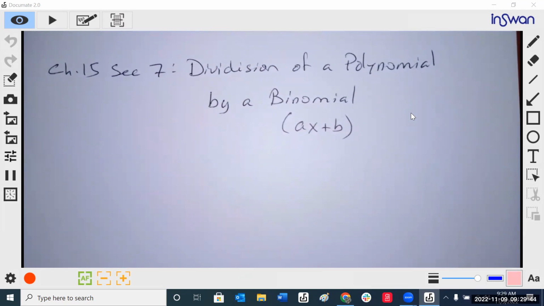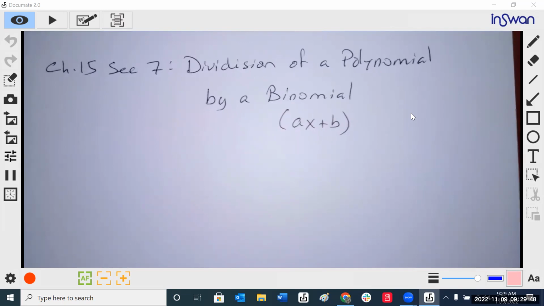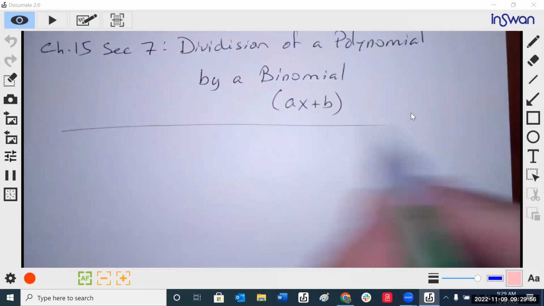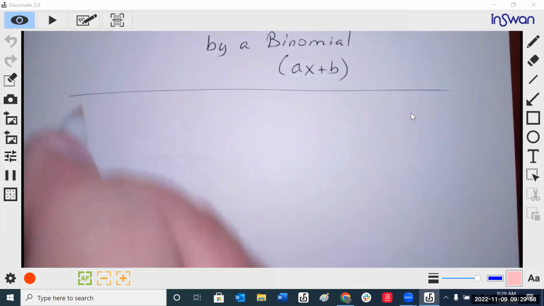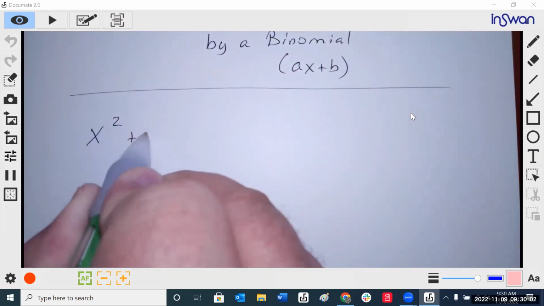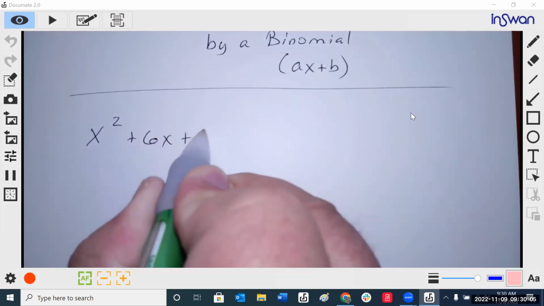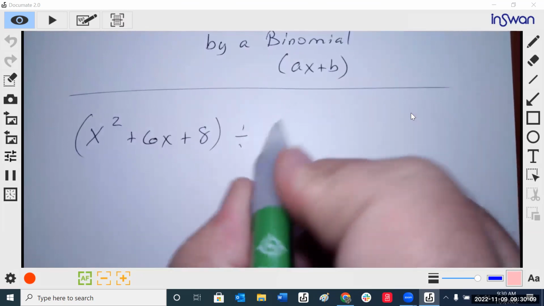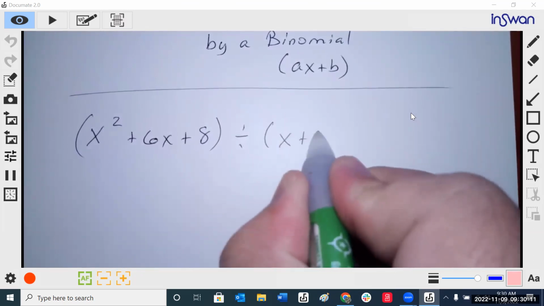Two terms. x squared plus 6x plus 8 divided by x plus 2.